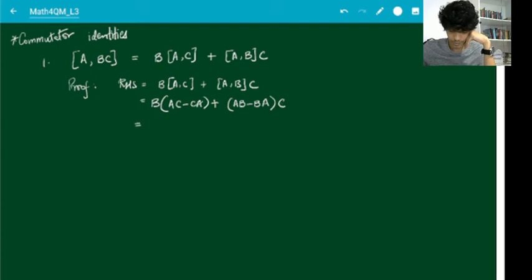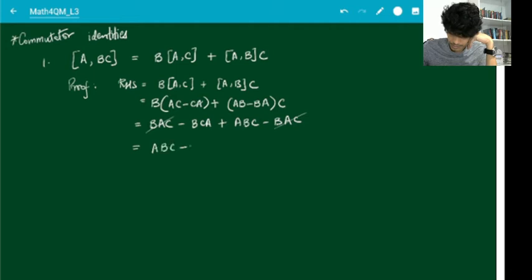Now you must remember, when you're multiplying matrices, you make sure the order is exactly the same. Like B times AC, don't write it as ABC. It's BAC. BAC minus BCA plus ABC minus BAC. See, BAC cancels. What I have left is ABC minus BCA.